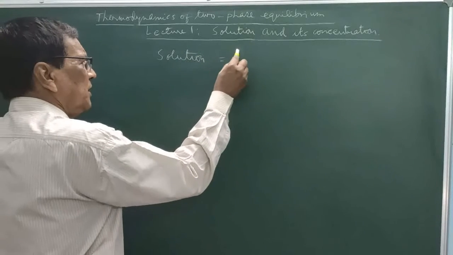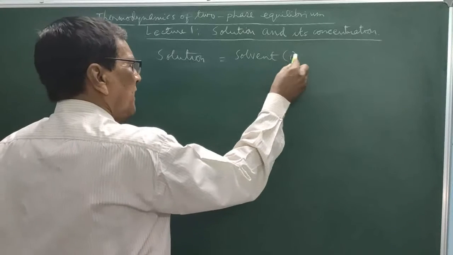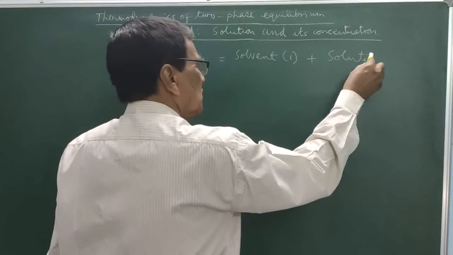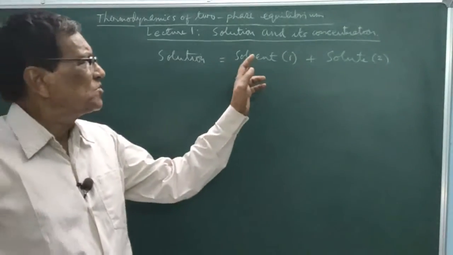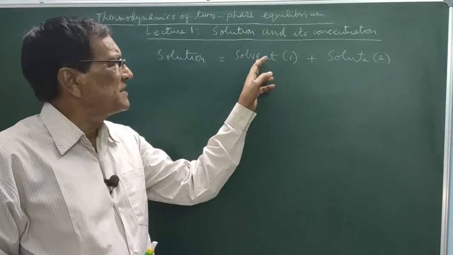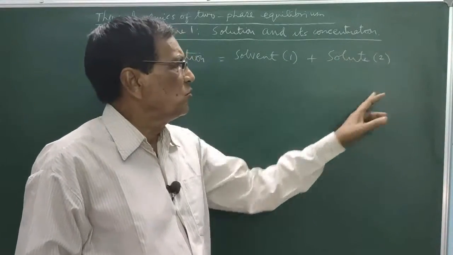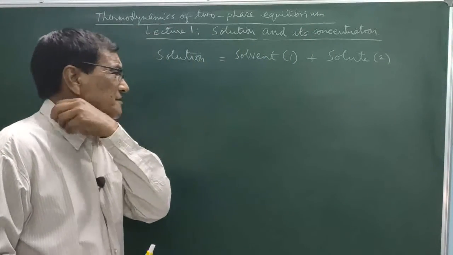Thus we shall restrict to binary solutions, and a binary solution may be defined as solution equals solvent 1 plus solute 2. Every property associated with the solvent will be given by the subscript 1, and for the solute by the subscript 2 in the whole chapter of this two-phase equilibrium.